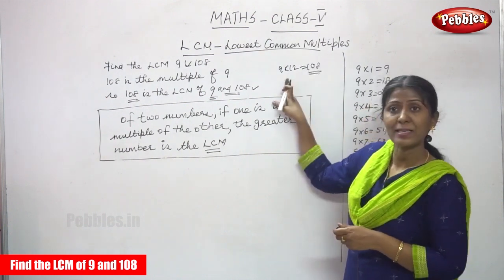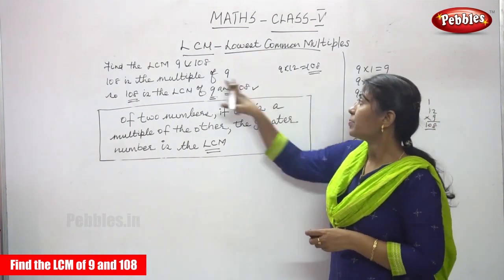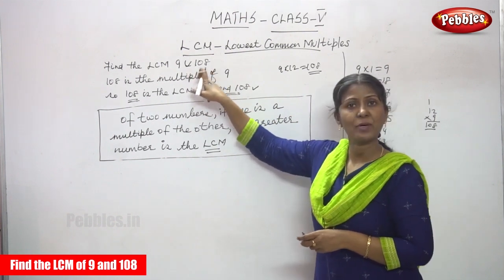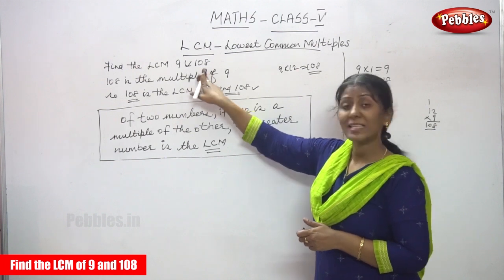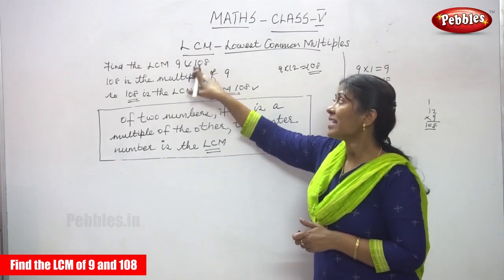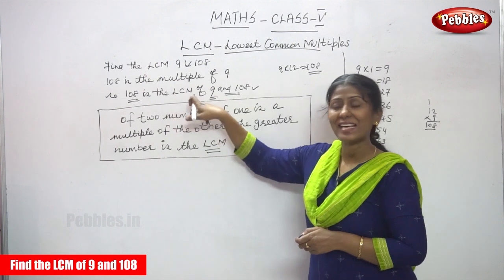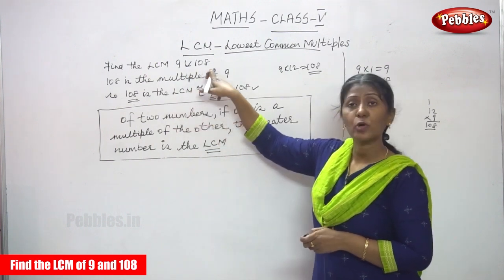From these two numbers, 108 is the greater number. So we apply the rule: 108 is the LCM of 9 and 108.